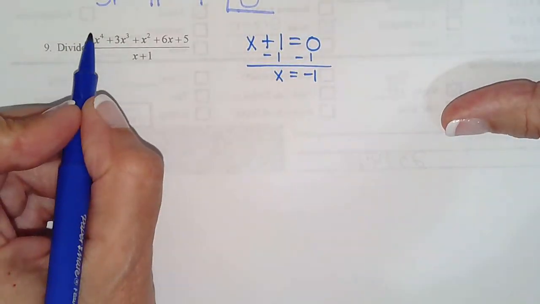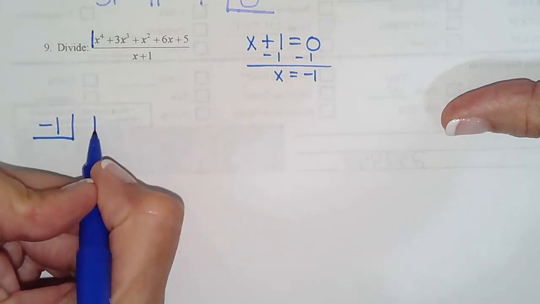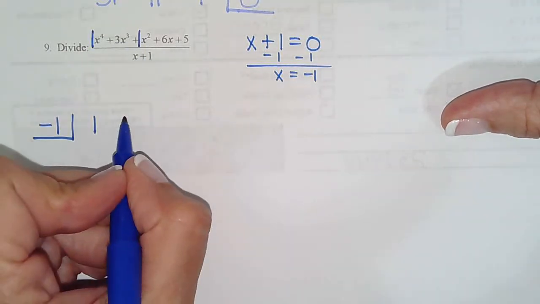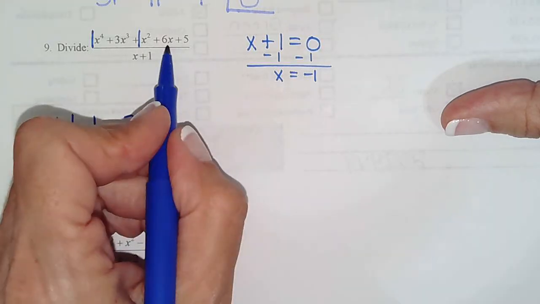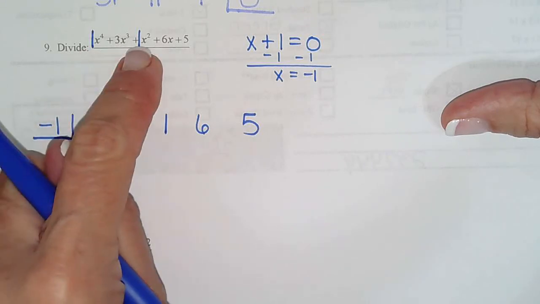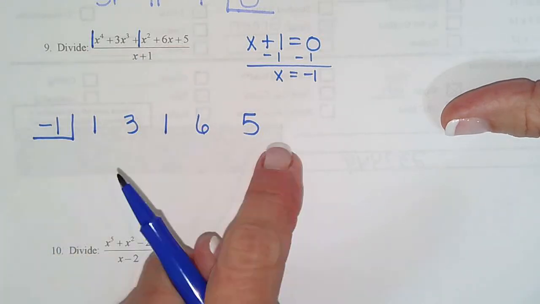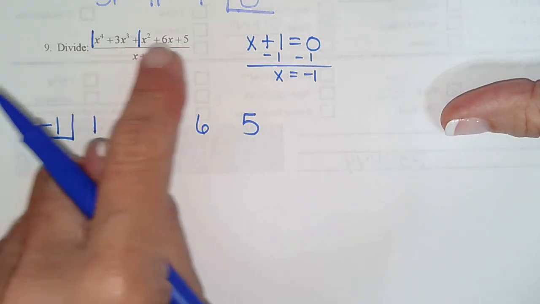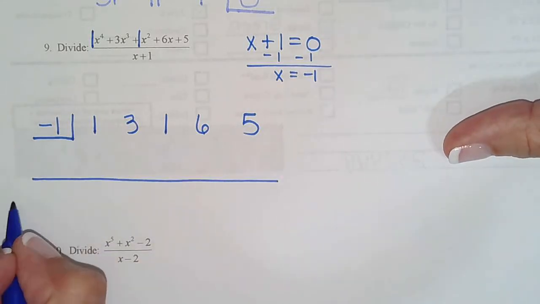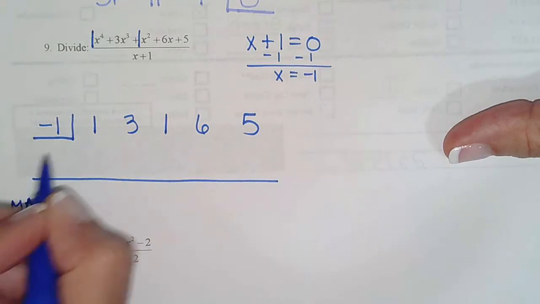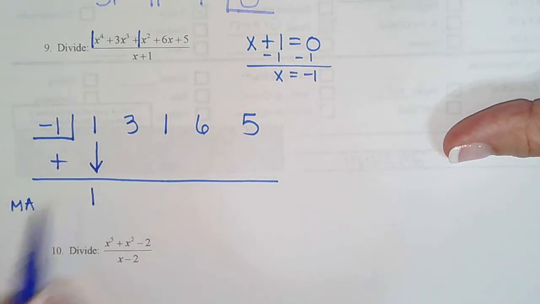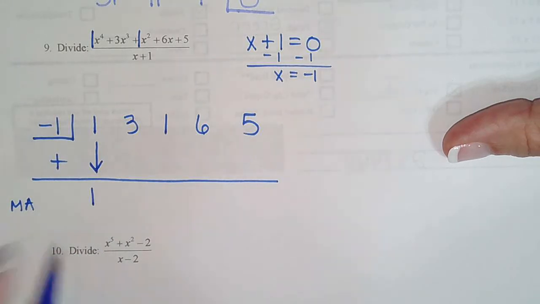So what's the coefficient here? 1, 3, 1, 6, 5. So 1, 3, 1, 6, 5. And there were no missing exponents, so we're good to go. So maybe write our little box here, put our plus sign, and we start by bringing the first number down that's not a divisor.